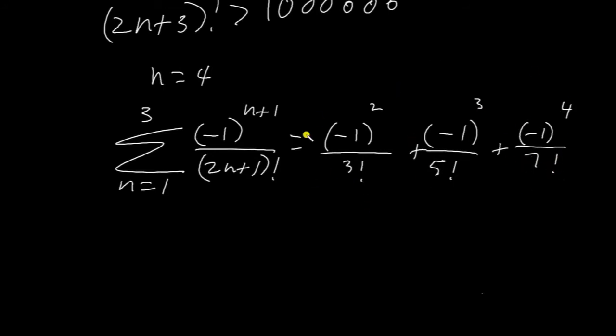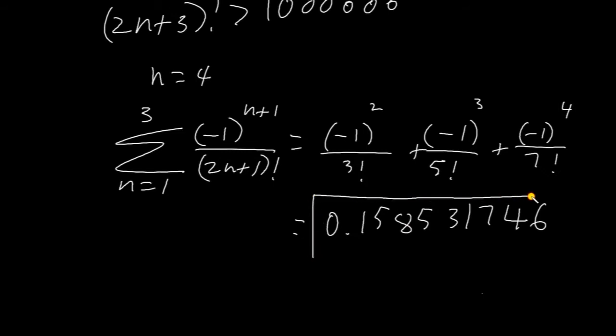So if you evaluate this in your calculator, you will get 0.158531746, and there's probably more digits than that, but this is the estimate of our sum to within 1 over a million.